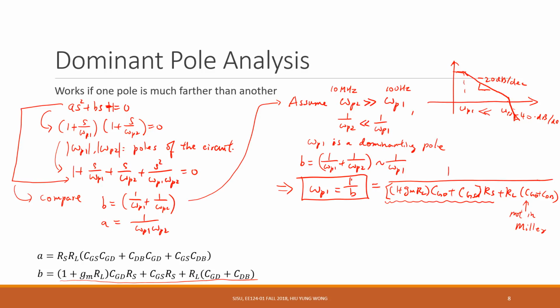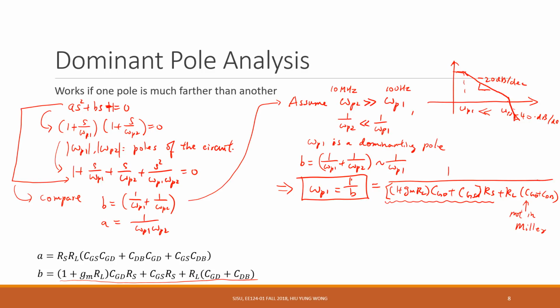We miss this term, RL CGD CDB. So this just tells you that the analysis we did is actually an approximation, but it's okay because this term is going to dominate because of this large gmRL. Okay? And at the same time, we introduce another methodology called dominant pole analysis.